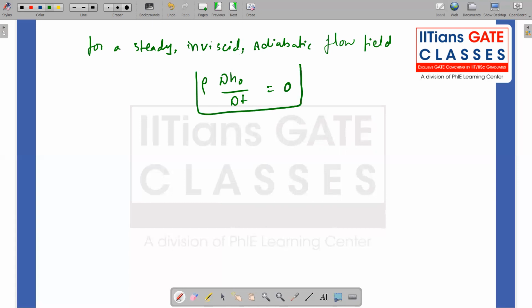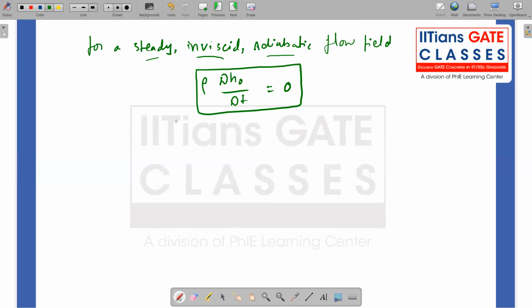This is the idea of stagnation enthalpy, where H naught is my stagnation enthalpy. So when I want to define a stagnation property such as stagnation enthalpy, you have to start your definition from a steady inviscid adiabatic flow. When it comes to rest, the enthalpy which it attains is the stagnation enthalpy. So that is the full definition of stagnation enthalpy.